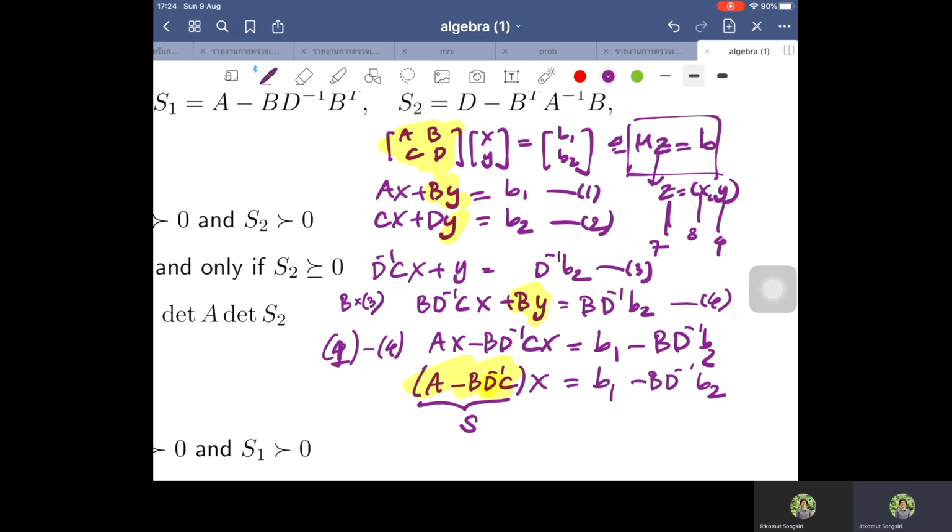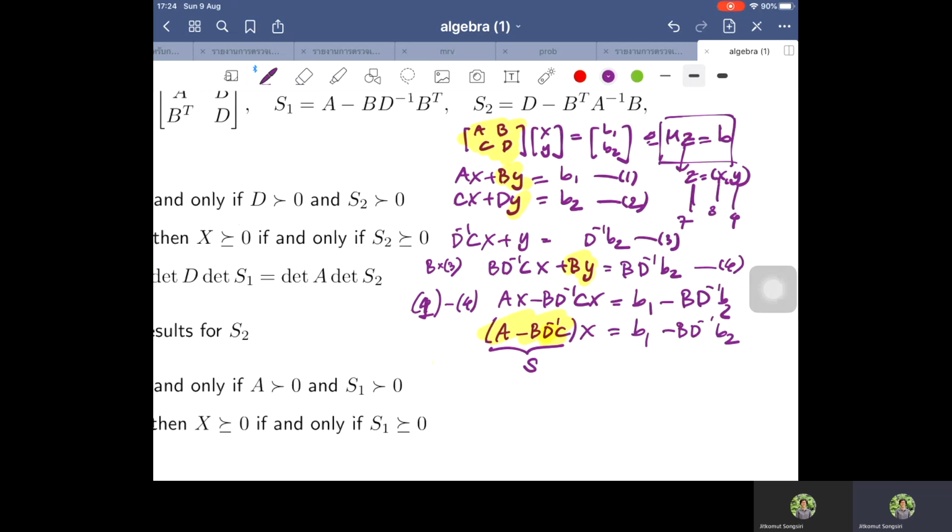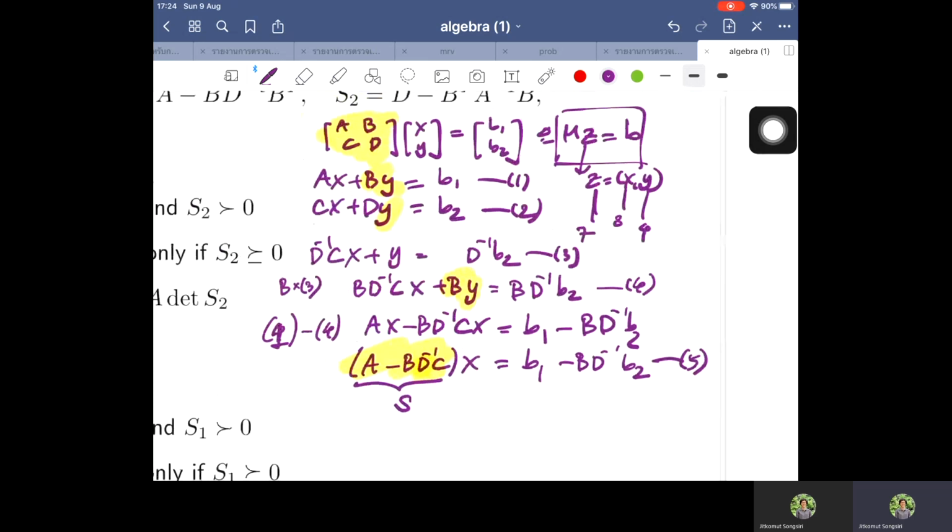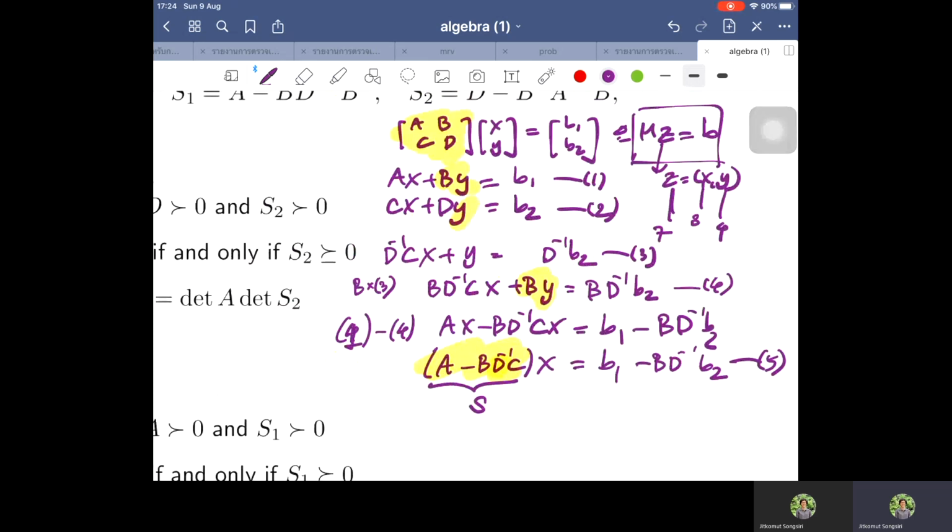How is it useful? If you have the Schur complement of a matrix, now you get equation 5. Equation 5 is a linear equation that has smaller size than the whole equation. Now let me make it a more explicit.